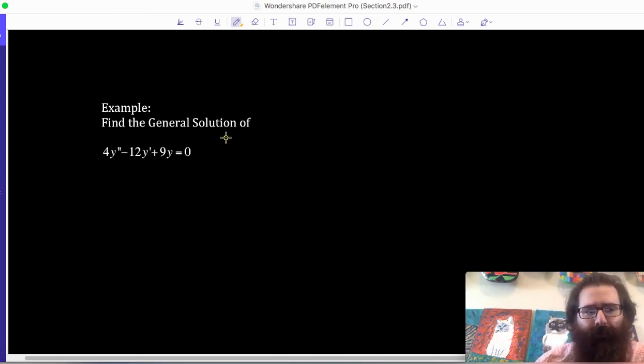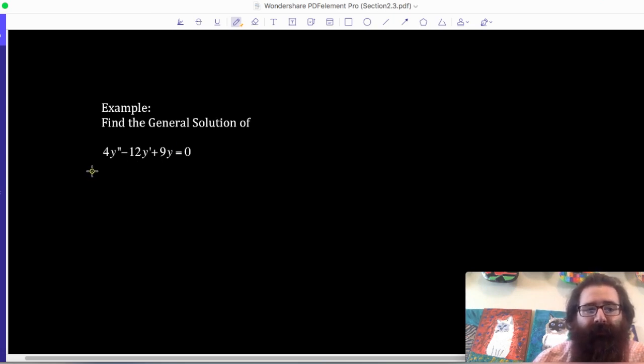So here's the idea: I want to try this again. Here I have a new differential equation, 4y double prime minus 12y prime plus 9y equals 0. And I want to start making those substitutions. After we do this a lot, we start to notice what we're doing. It becomes a lot quicker, almost second nature.